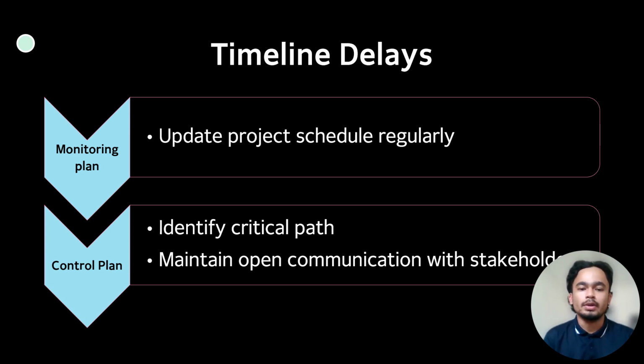So either we will be able to complete the project on time, or maybe earlier than that. And next one is to maintain open communication with stakeholders, communicating with them about the progress of our project in terms of timeline.